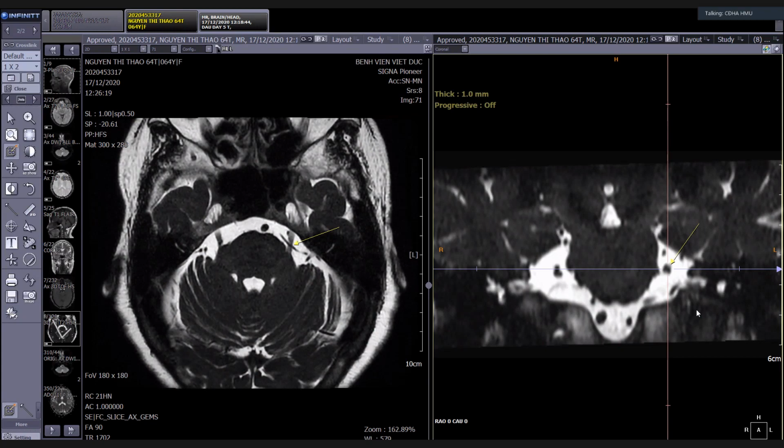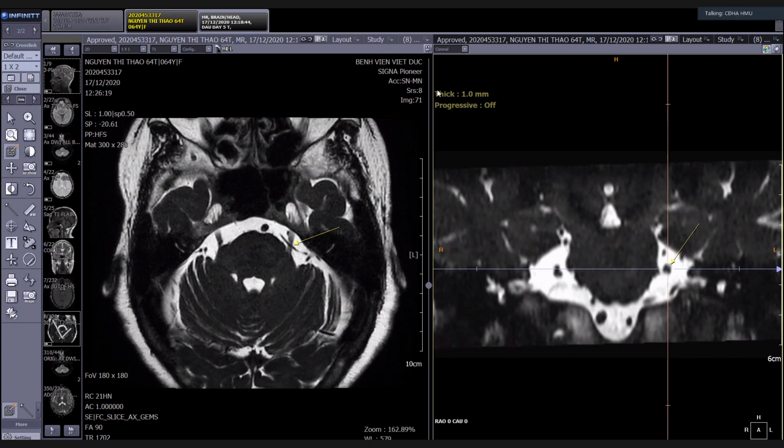So in clinical practice, when you do an MRI for neurovascular conflict, you have to know about the patient's symptom, right? Whether this is on the left side or the right side, is this a symptom of the facial nerve or of the trigeminal nerve? This is the first one.